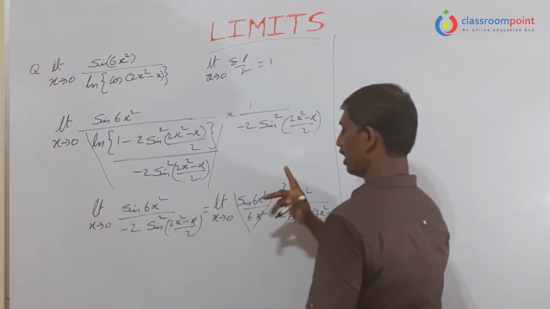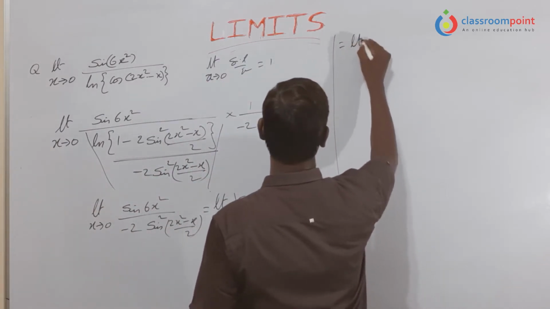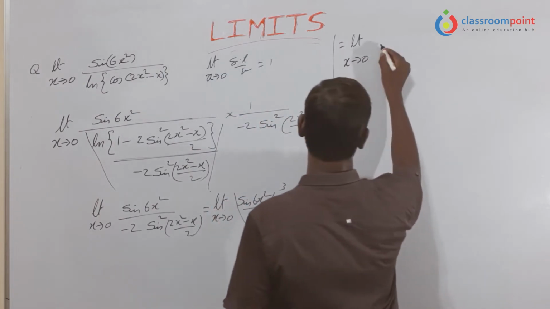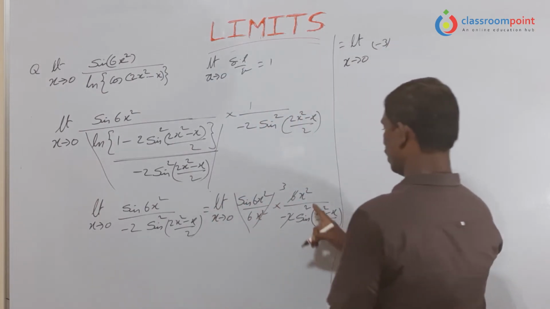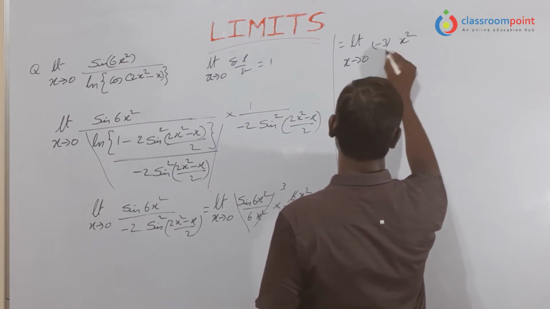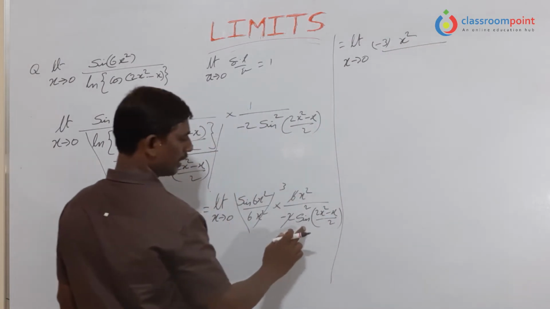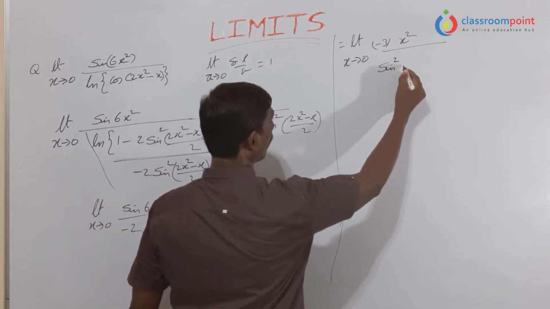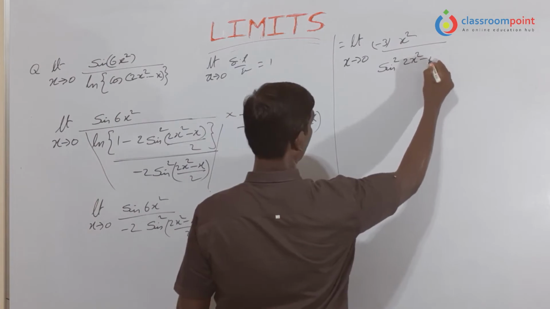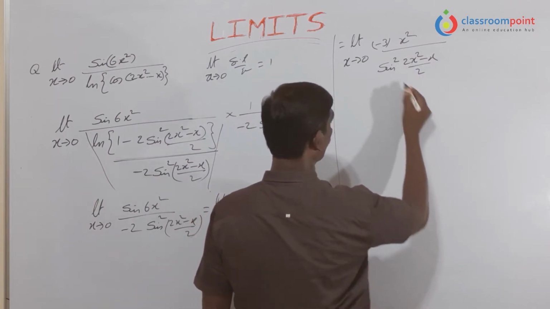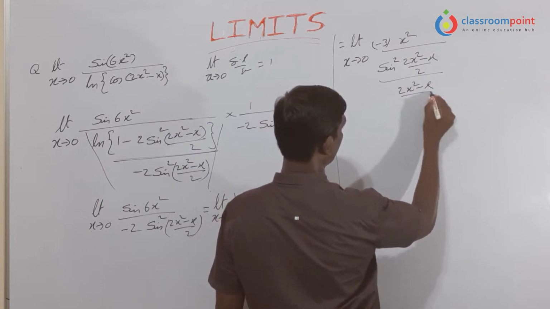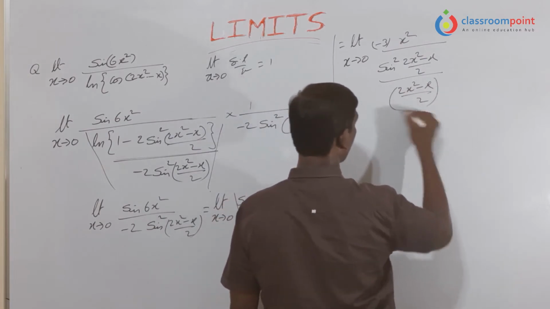So this is 1 here, remaining limit x tends to 0, minus 3 outside, x square by sine square of (2x square minus x) by 2, whole divided by (2x square minus x by 2) whole square needed.